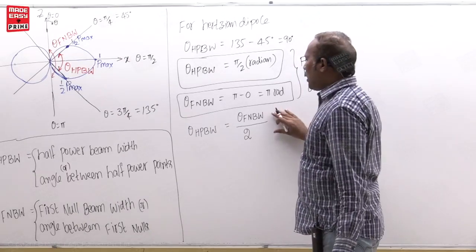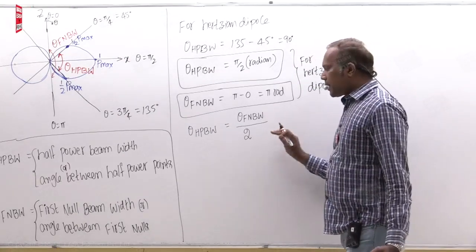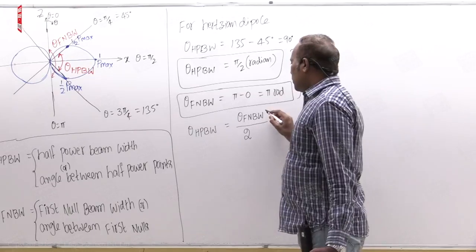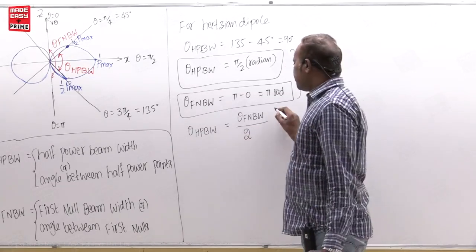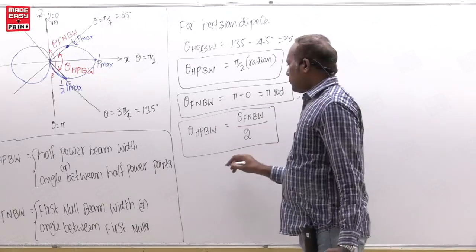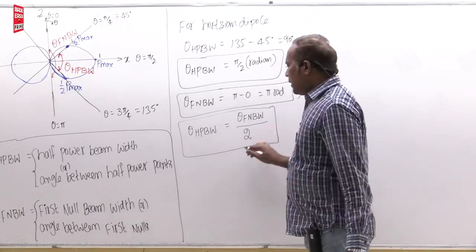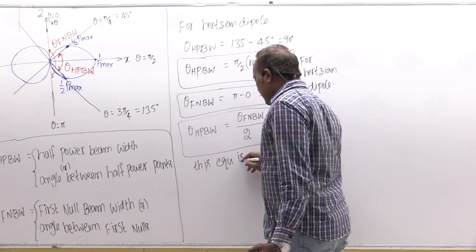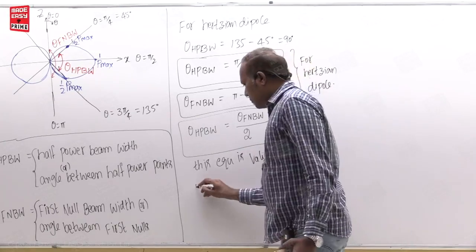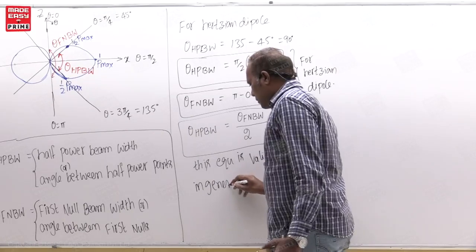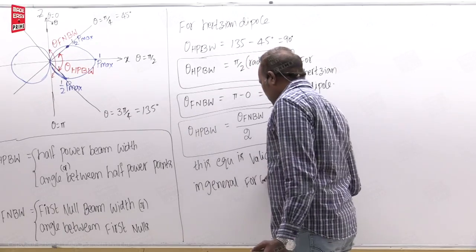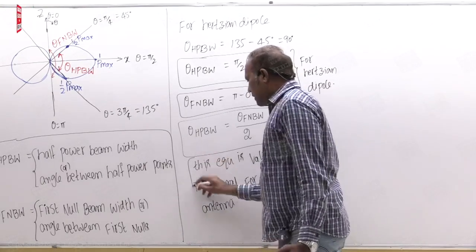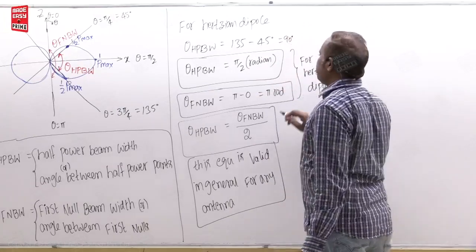In general, half power beam width is equal to FNBW by 2. In general, for any antenna, this is valid. This equation is valid in general for any antenna if there is a symmetric pattern. Okay, right.